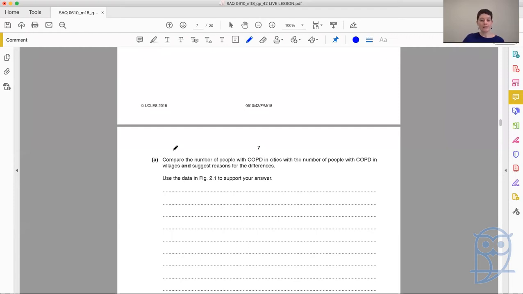So what would be quite nice is if we state a comparison and then suggest a reason for that difference. Use the data in figure 2.1 to support your answer. So we need to give at least one good solid data point because there's going to be a mark allocated for using the data.